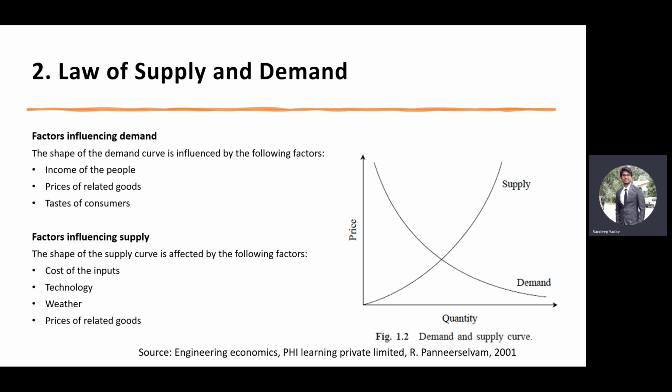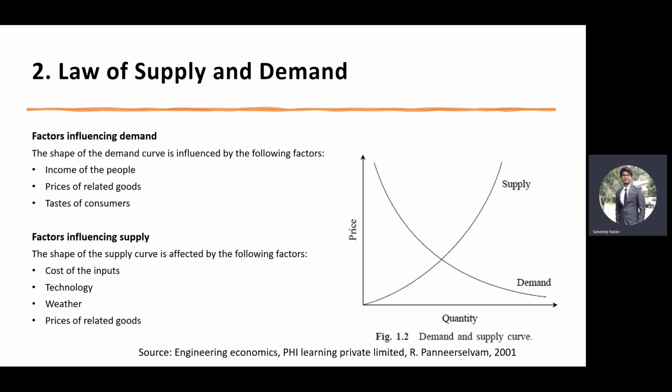Suppose the price of fertilizers and the cost of labor are increasing significantly in agriculture, then the margin per bag of the produced corn will be reduced. In that way, the cost of input will affect the supply.